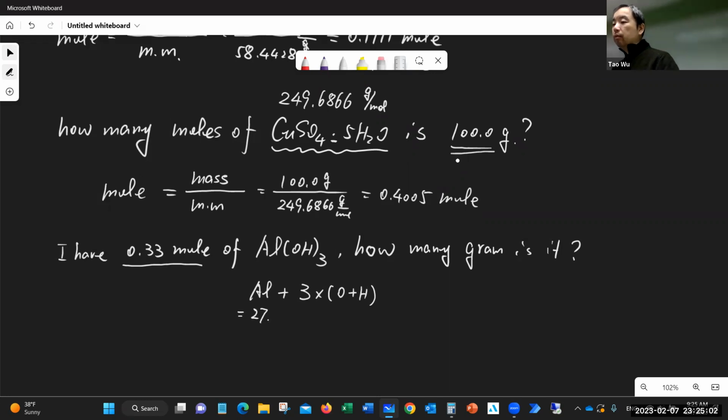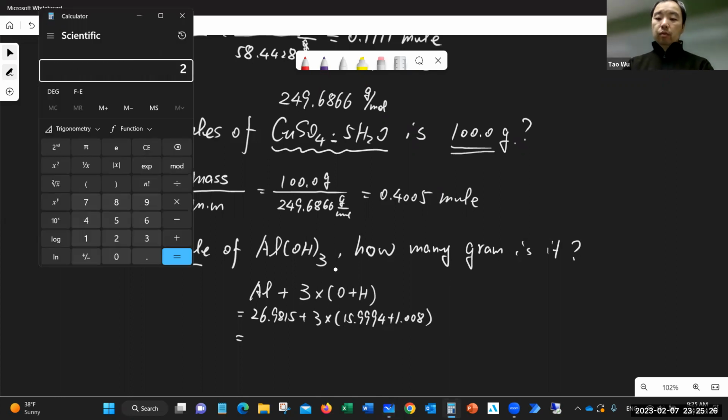Aluminum is 26.9815 plus 3 times (15.9994 plus 1.008).